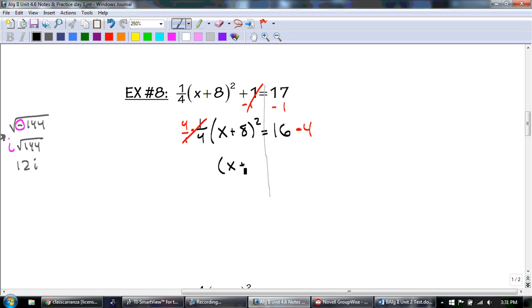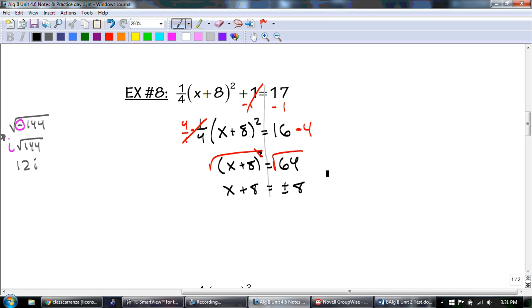So we have (x + 8)² = 64. I need to cancel the square with a square root. So we get x + 8 equals plus or minus. I'm not doing this off to the side because 64 is a perfect square.